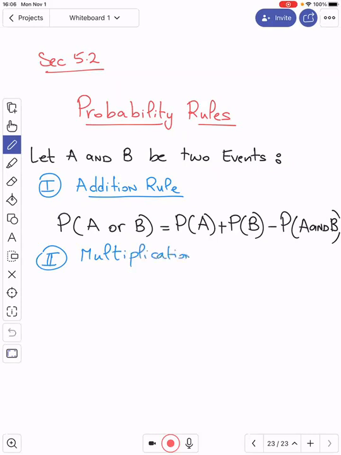So the multiplication rule is sometimes tricky because there are two cases, right?